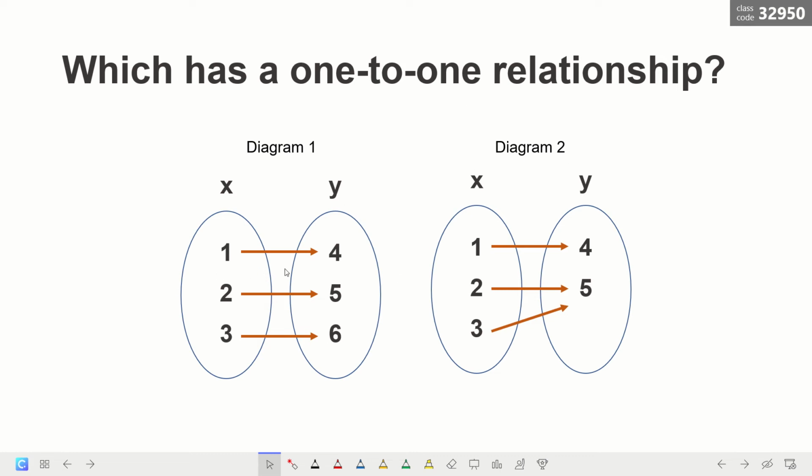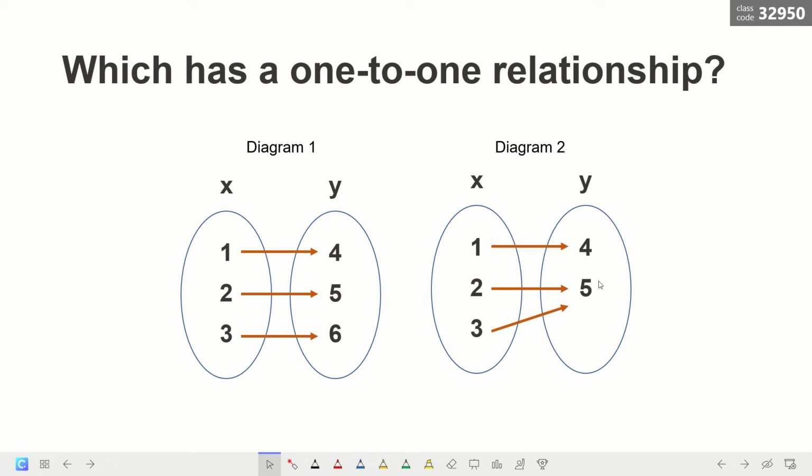As you can see here, one value in x only corresponds to one value in y, and one value in y only corresponds to one value in x, unlike in our diagram 2 where the relationship is many to one. If we look at the values of x, there are two values in our input that correspond to only one value in y.